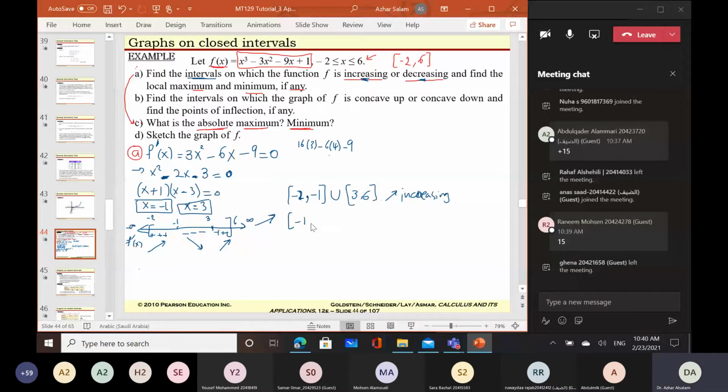But from minus 1 to 3, I can make the bracket either open or closed. It doesn't make any difference. It will be decreasing.